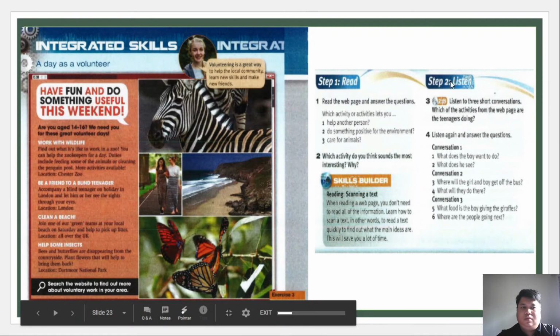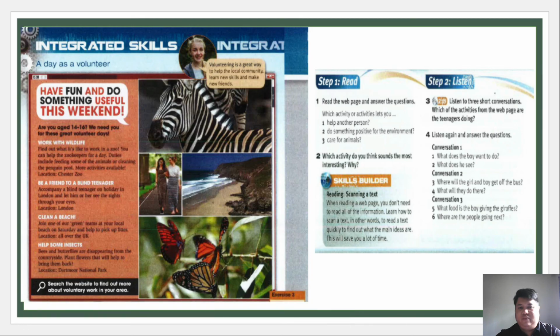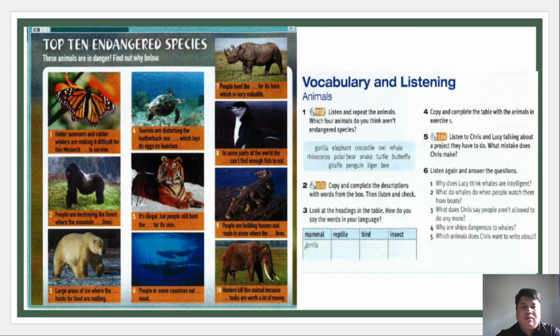So these are examples of the layout. We have pictures, we have an educational part, we also have an activities part. And this is the second example. We have pictures, an educational part, and also activities, vocabulary and listening activities.